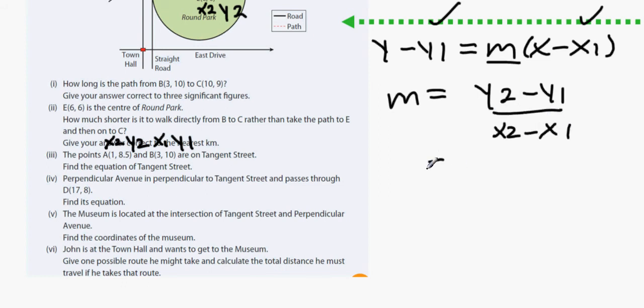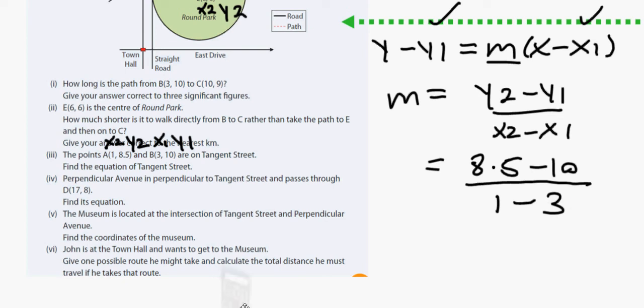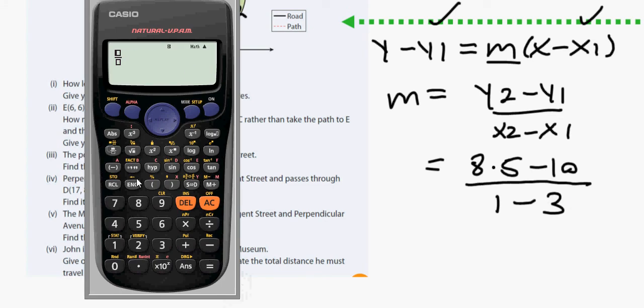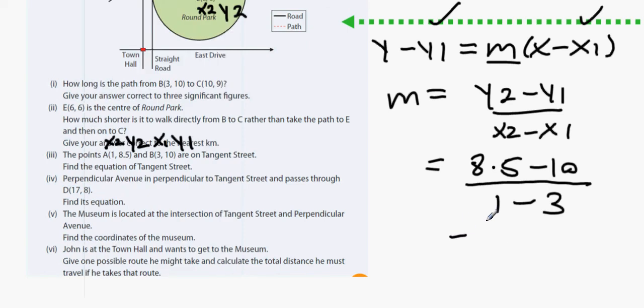What we're going to get here is y2, which is 8.5, minus 10, divided by x2, which is 1, minus 3. Just going to put that directly into the calculator. Just press the fraction button right from the start. 8.5 minus 10 divided by 1 minus 3, and you're going to get 3/4. So we know that the slope is 3/4.